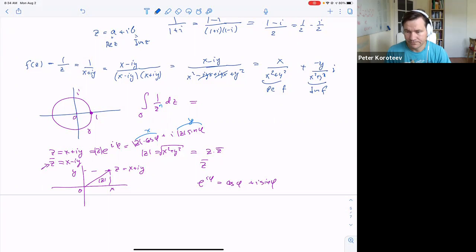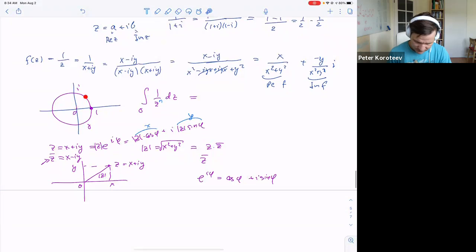So in order to parameterize the points on this circle, absolute value of z equal to 1, the unit circle, all of those complex numbers can be parameterized by just this phase. So a point here is e to the i phi. Absolute value of z is equal to 1 here.